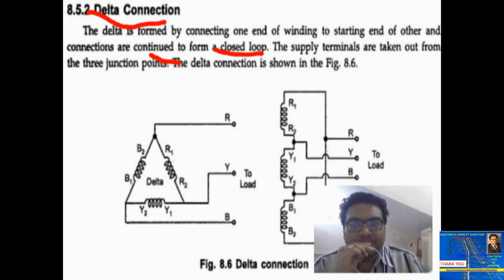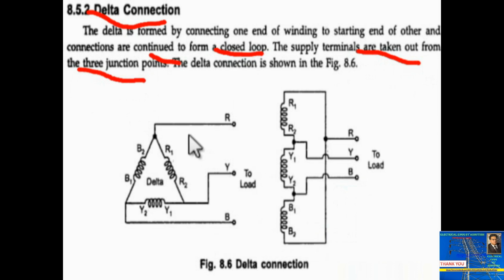Here also the phase difference is 120 degree between the three coils, but the connection is different. The supply terminals are taken out from the three junction points. The delta connection will look like this: this is the first coil R1, R2, this is the second coil Y1, Y2, this is the third coil B1, B2. So guys, when R2 is connected to Y1, the end terminal of the first coil is connected to the starting terminal of the second coil.